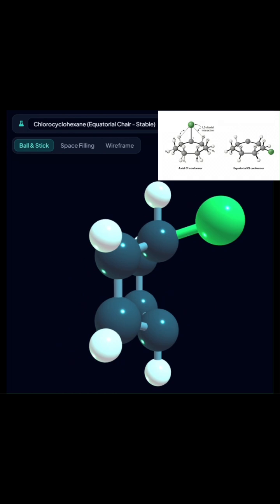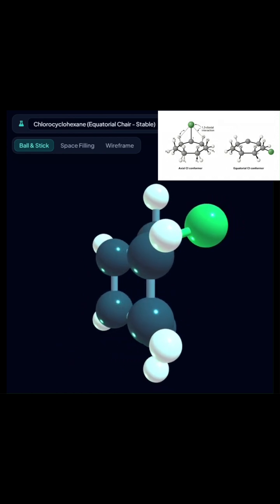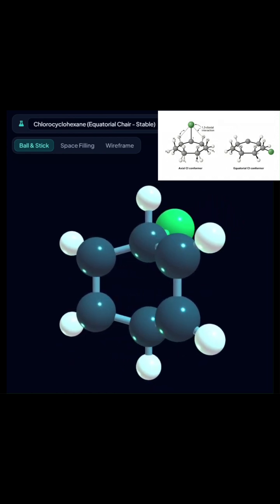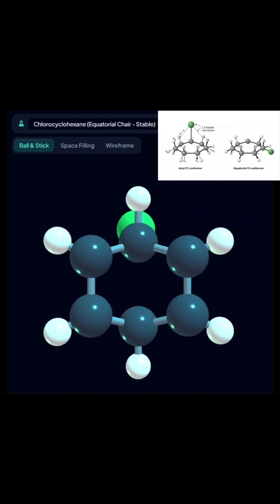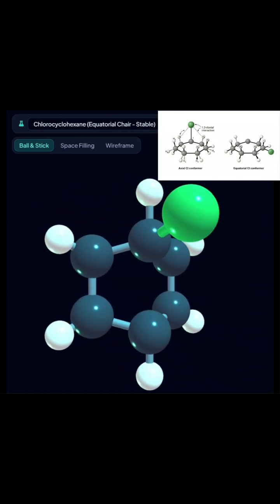1,3 diaxial interaction in chlorocyclohexane. In your image, compare the equatorial, left, and axial, right conformations. One.